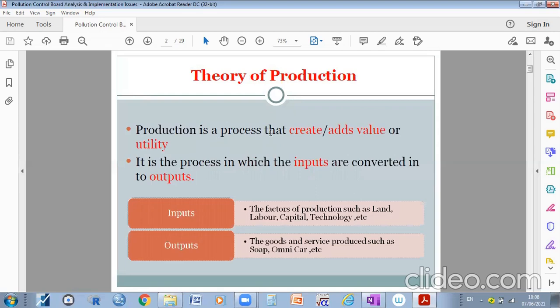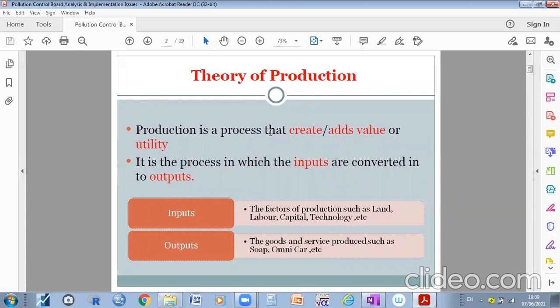For example, when you produce a commodity, take a pen: how can the pen be produced? It is a process of converting raw materials into a final commodity, a final good. Whatever raw materials we have, we use them to create a new one. For example, in order to produce a biryani, what process is involved?